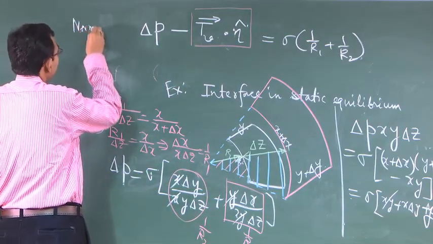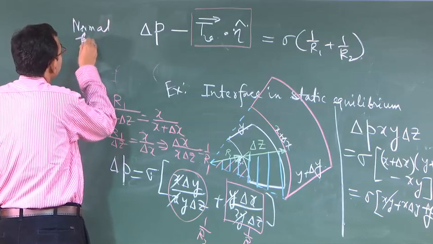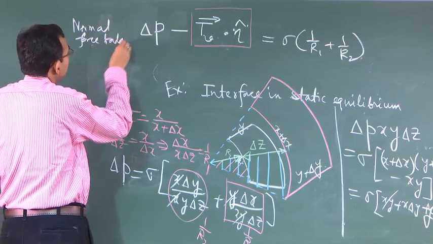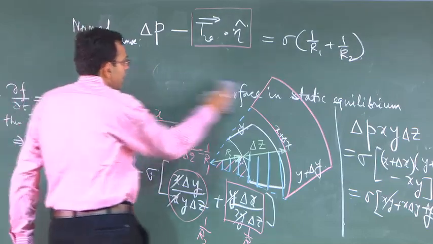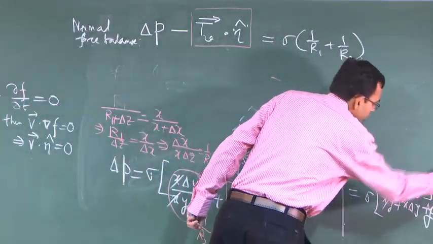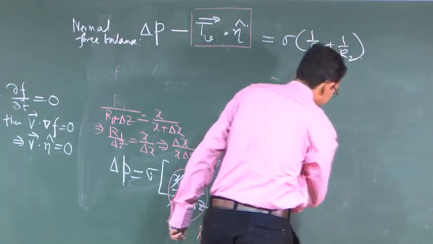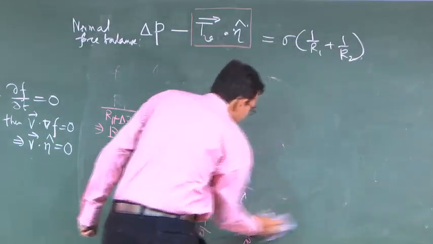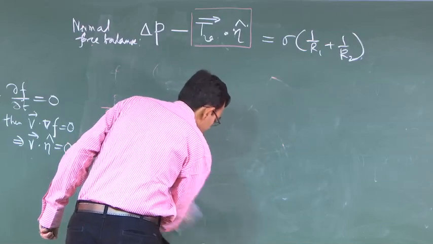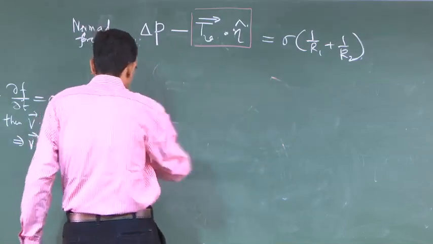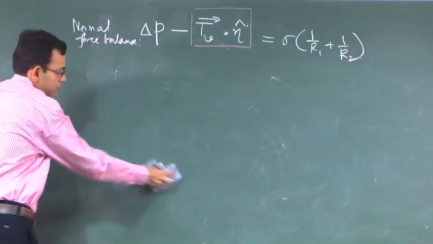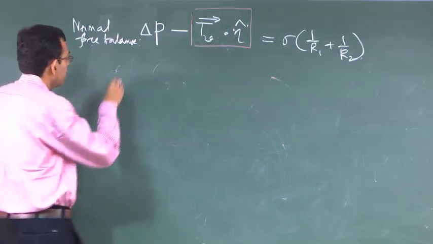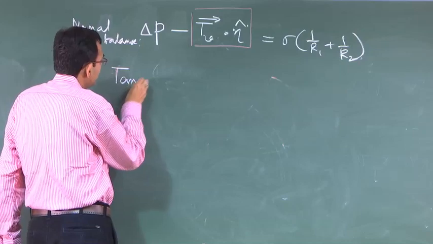So, the final issue of the interfacial flows is the tangential force balance, and we will come to that now. So, for tangential force balance, again we will consider a flat interface.